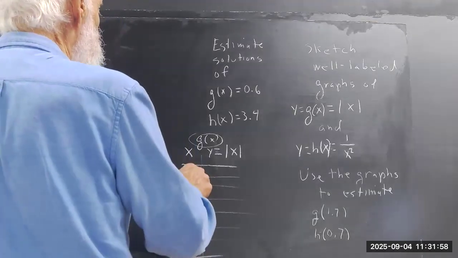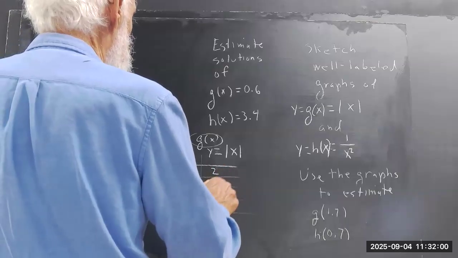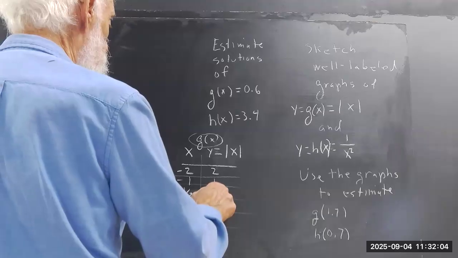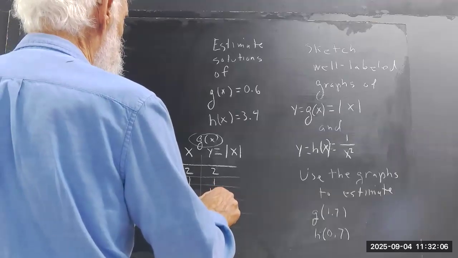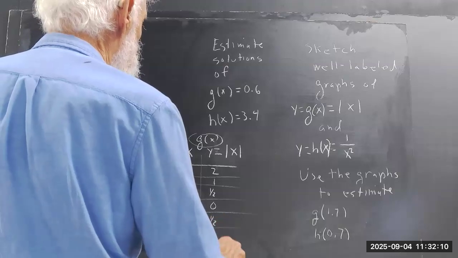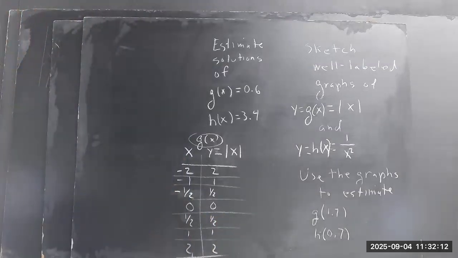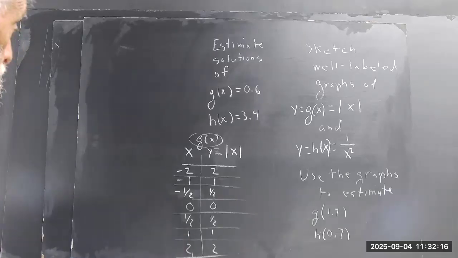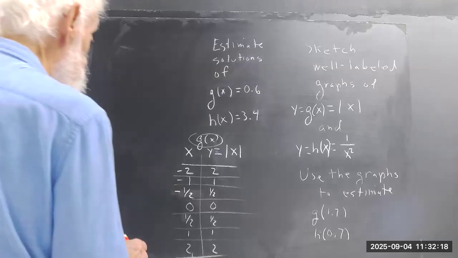Well, anyhow, the absolute value of -2 is 2. The absolute value of -1 is 1. Absolute value of -1/2 is 1/2. 0, 1/2, 1, 2. So that's a really easy table to make if you know what the absolute value is. Then you can make a graph.